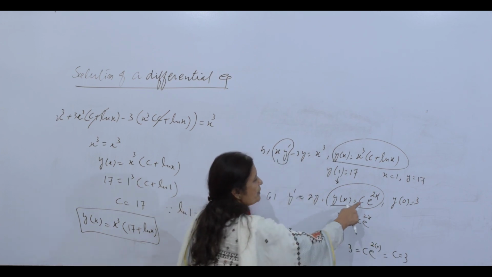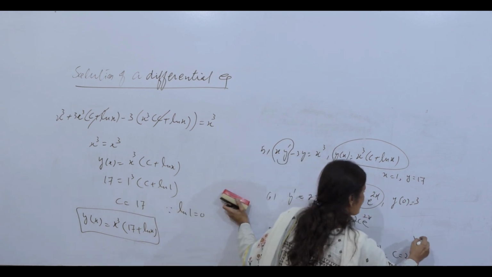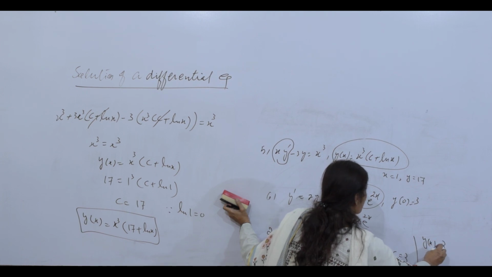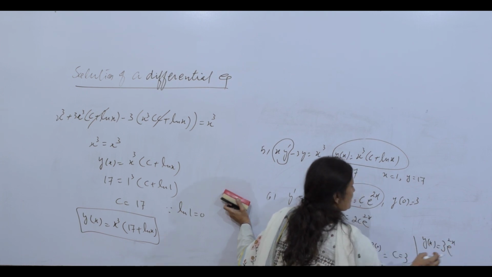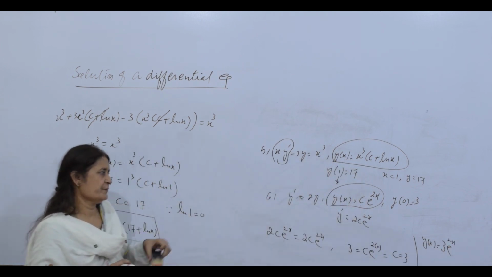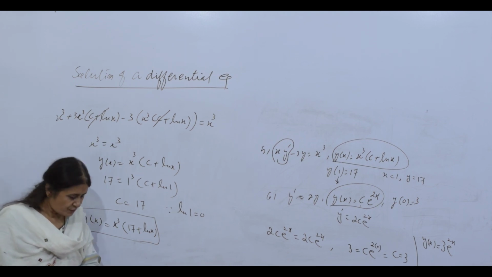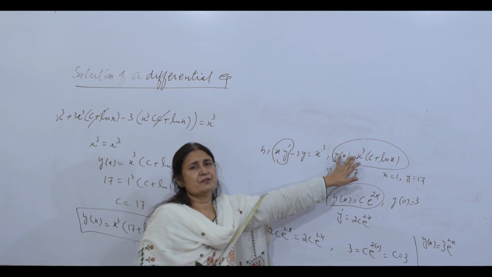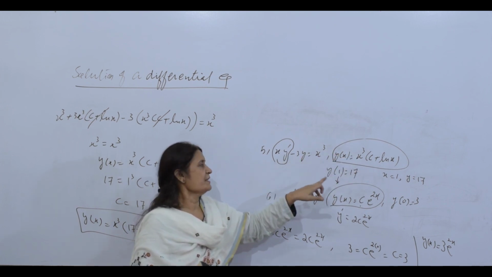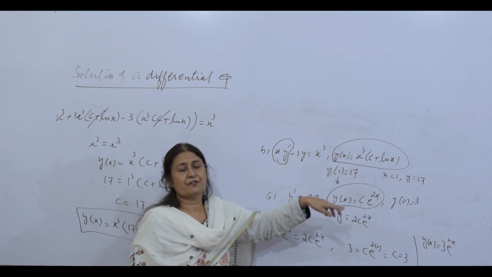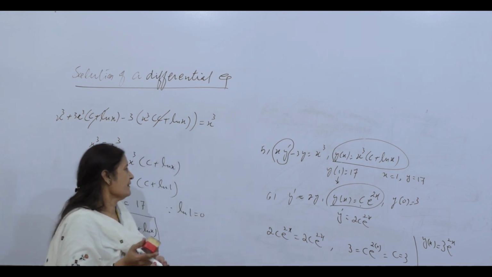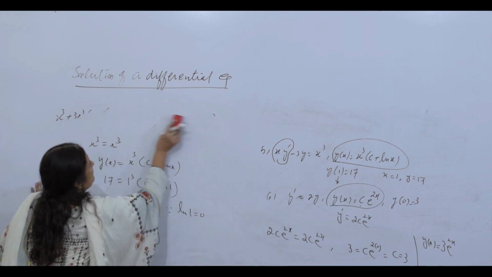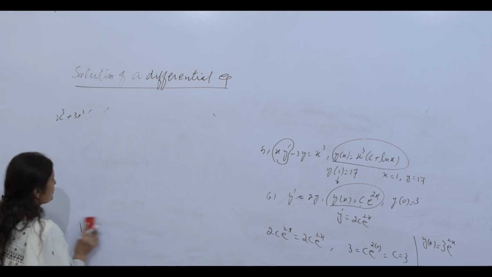C is 3, putting back, y of x is 3e^(2x), the particular solution of the differential equation. So when the question is of this type, you have to verify whether the given function is a solution. If yes, then determine C by applying the condition if conditions are given. If not given, then it's okay, leave the answer showing that the given function is a solution.